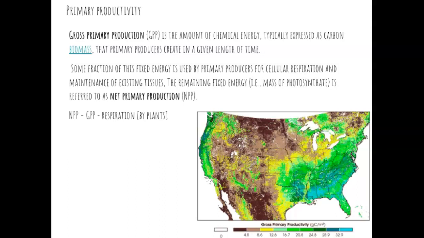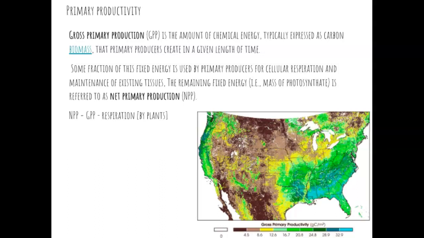And that is the amount of carbon biomass that primary producers create in a given length of time. So it's usually denoted as the amount of carbon biomass per meter squared per year, or per centimeter squared per day, depending on the area that you're looking at.